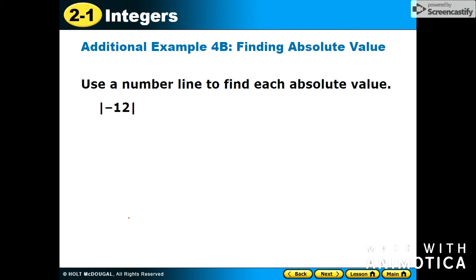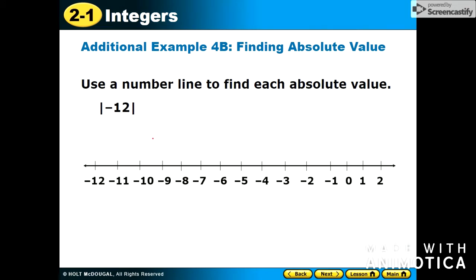All right, here's letter B right below, right next on your sheet. It says use a number line to find each absolute value. So the absolute value of -12 means how far from 0 is -12. Okay. Again, if you had your number line and you plotted -12 on it, you'd see that -12 is 12 units away from 0.